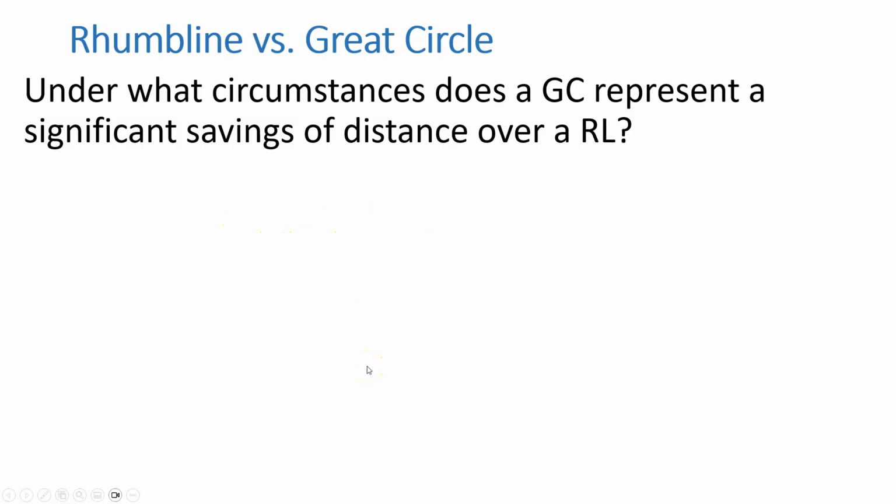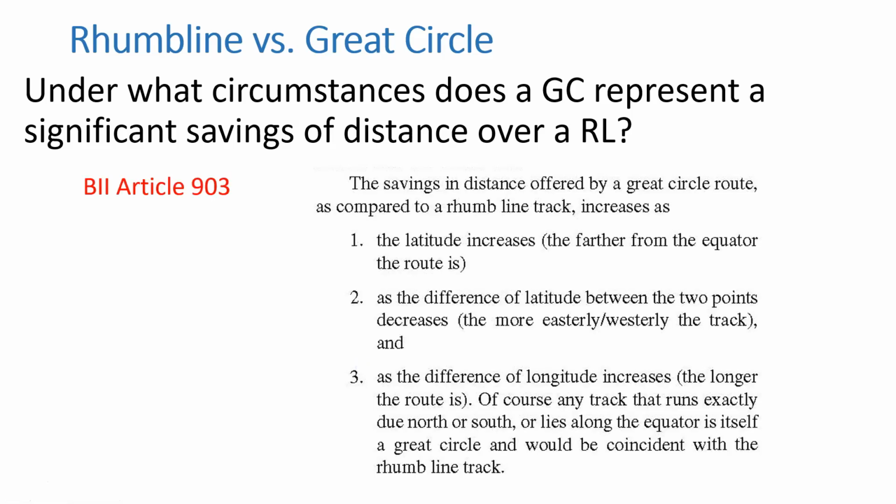It's a lot of extra work, so you don't want to do it unless there's going to be significant savings of miles and a significantly shorter voyage. When does a great circle voyage become significantly shorter than a Rhumb line? There are three conditions, from Article 903 in Bowditch, and you have to consider all three of them simultaneously.